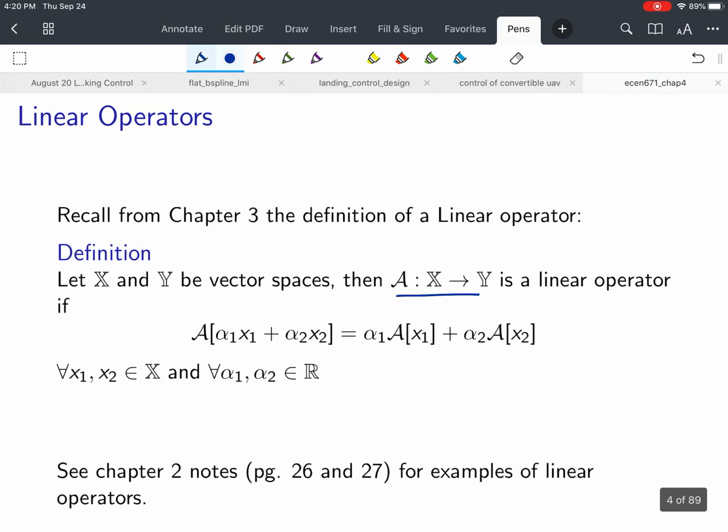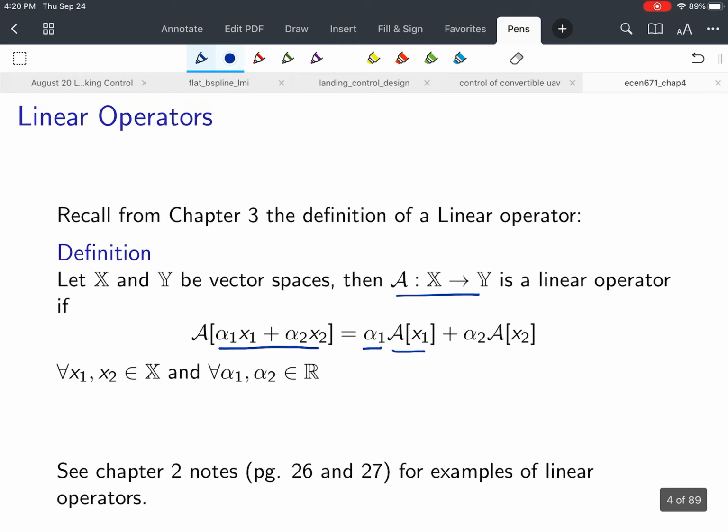is a linear operator if when we operate on alpha 1 x1 plus alpha 2 x2, we get alpha 1 times the operator operating on x1 plus alpha 2 times the operator on x2.